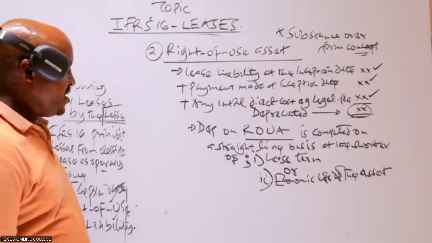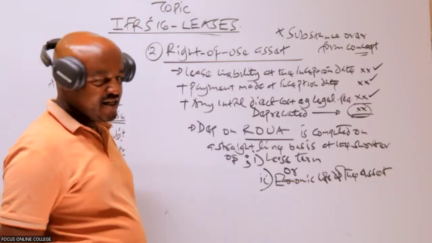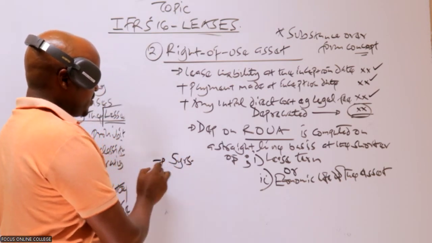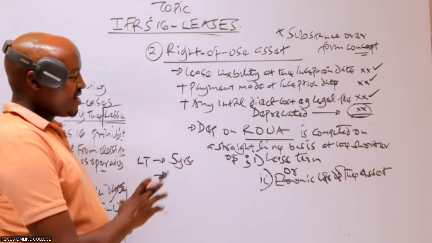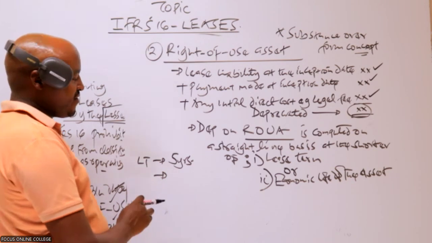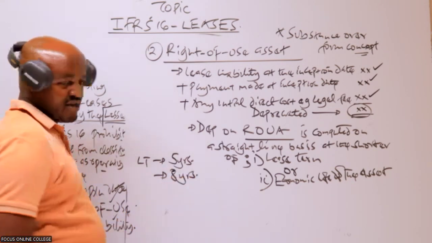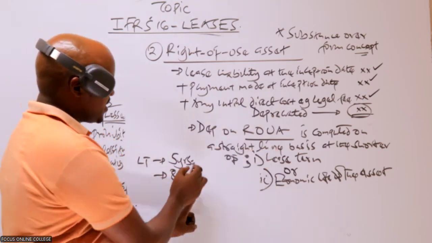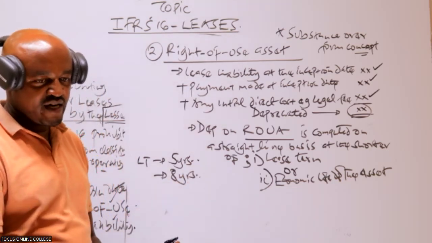What that means is that you can be told that the lessee had leased an asset for like 5 years. So that is the lease term. But then you are told that the remaining useful life of that asset is maybe 8 years. So for you to compute the depreciation per annum, you take the period which is shorter out of these two periods, the lease term and the remaining economic life of the asset.